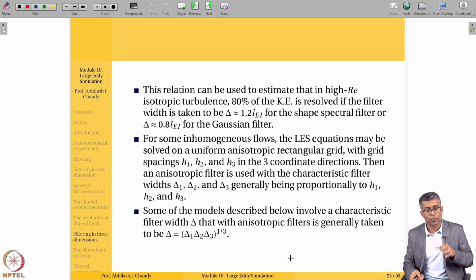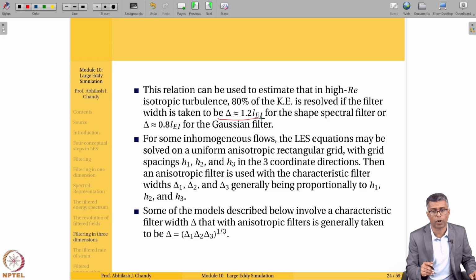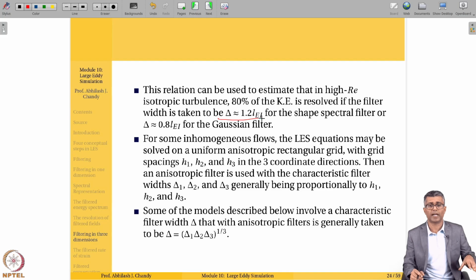So if you use that, you will realize that 80% of the kinetic energy is resolved if the width is taken to be 1.2 LEI, slightly larger than LEI, for a sharp spectral filter, and delta equal to 0.8 LEI for a Gaussian filter.